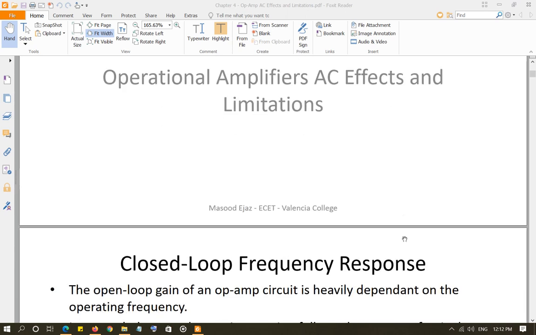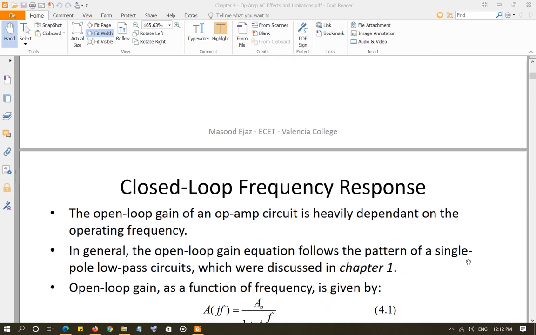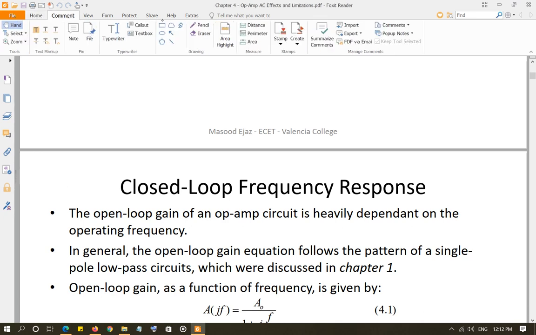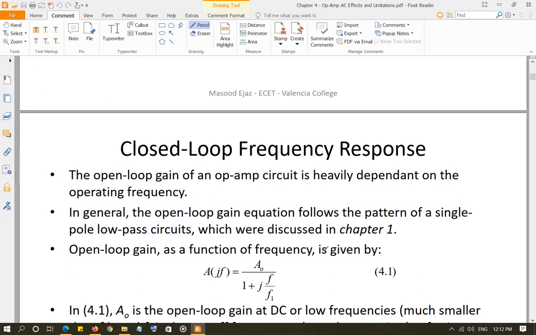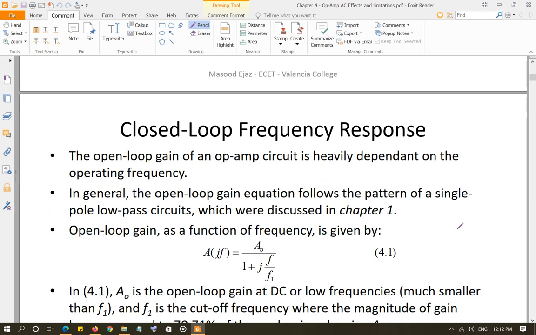So let's start the chapter with the discussion of closed loop frequency response. In the closed loop frequency response, as we discussed, we will find out the closed loop gain, and here we will assume that the open loop gain, of course, is a function of frequency. So how the open loop gain is described as a function of frequency is given by this equation right here.